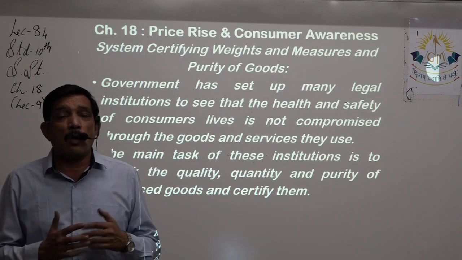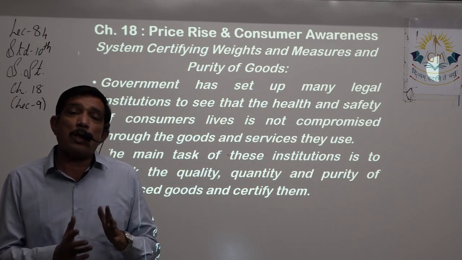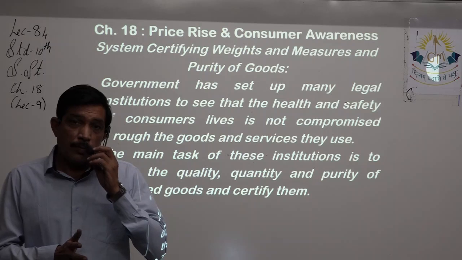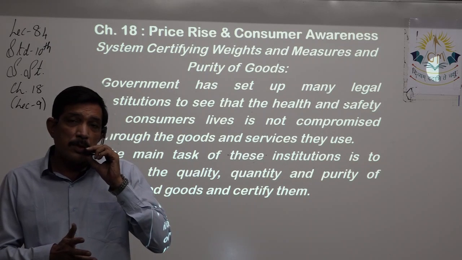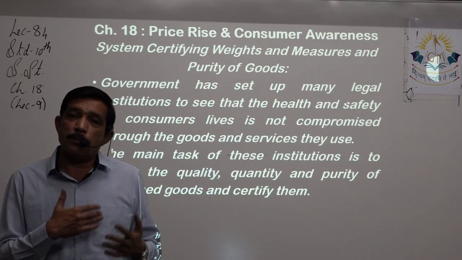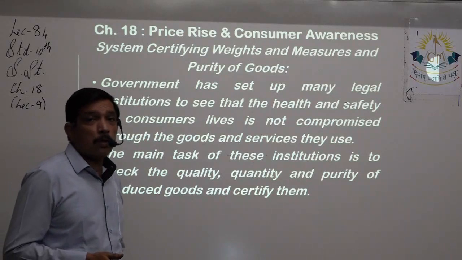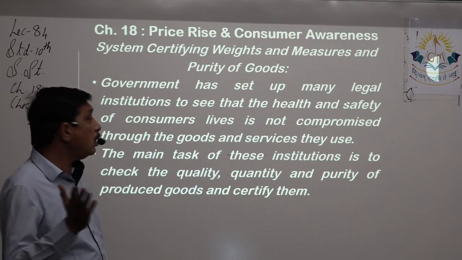They have their norms and conditions under which they either give a certificate or see that the goods and services used by consumers are of good quality and not harmful, physically, mentally, or in any way. It looks after the health, safety and security of the consumers.